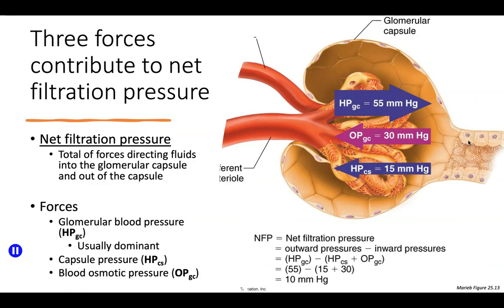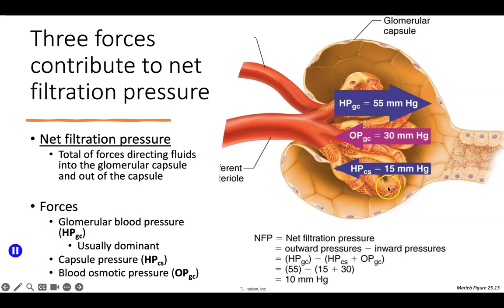There are 3 processes that contribute to net filtration. One that I mentioned is hydrostatic pressure. This is typically the major force. The glomerular blood pressure is that hydrostatic pressure.